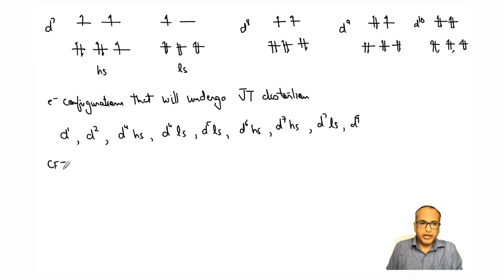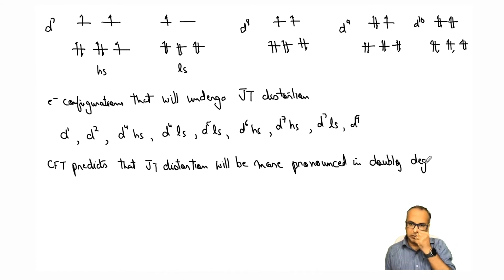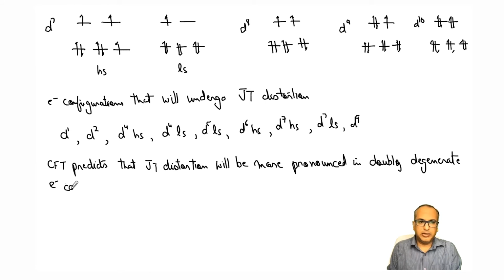CFT predicts that Jahn-Teller distortion will be more pronounced in doubly degenerate electronic configurations. We will see how we can explain this, but let us first write it down.